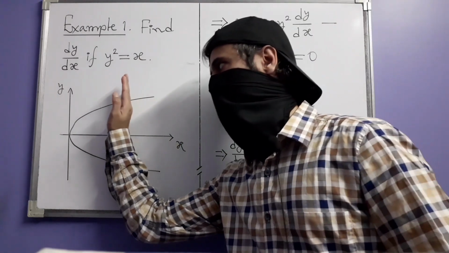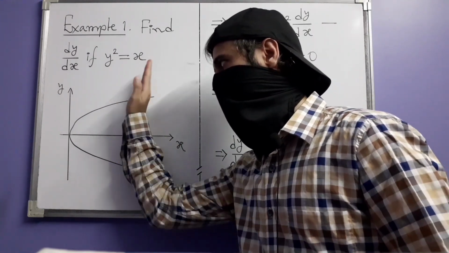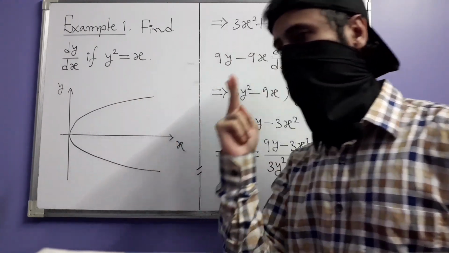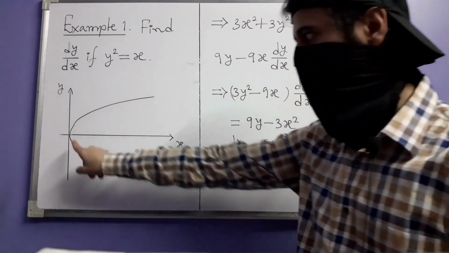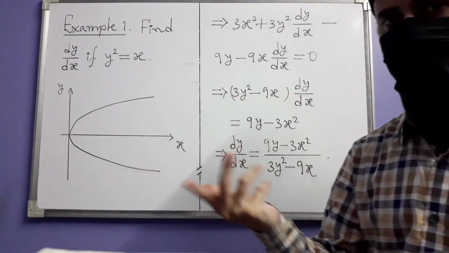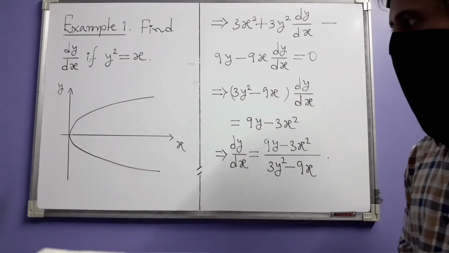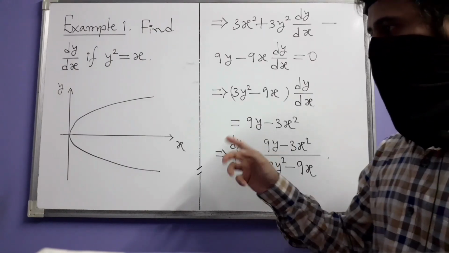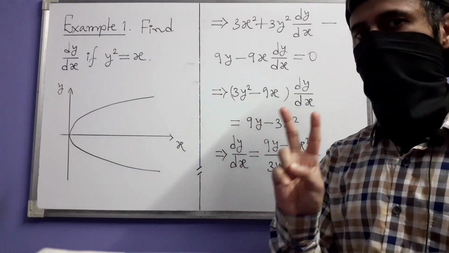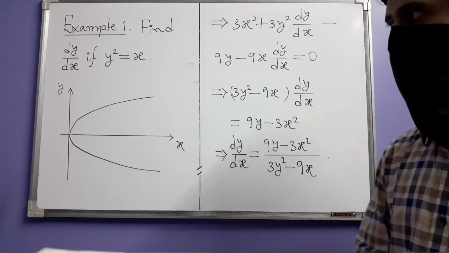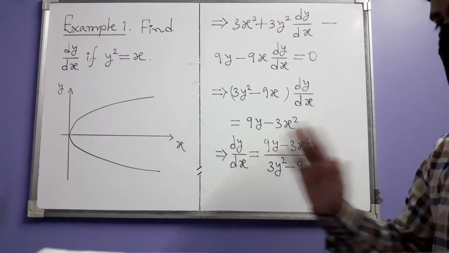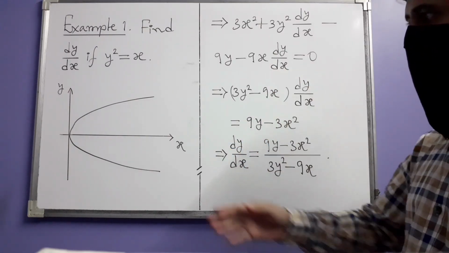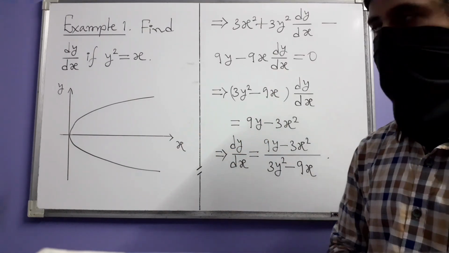You think of any vertical line, it intersects the graph at 2 points, except of course the origin, that is just a single case. So it is instead the union of the graphs of two different functions. So see, there is a difference between the previous equation and this one.